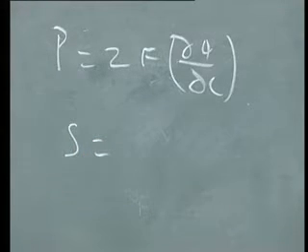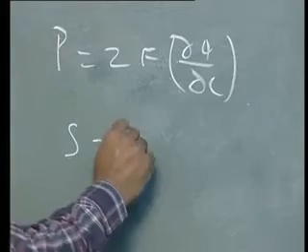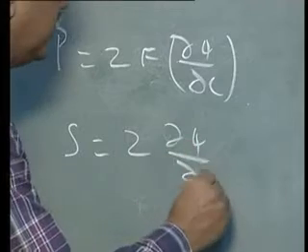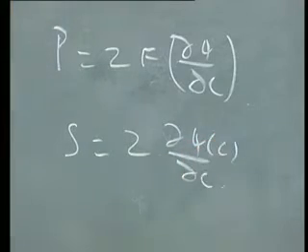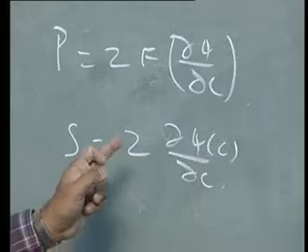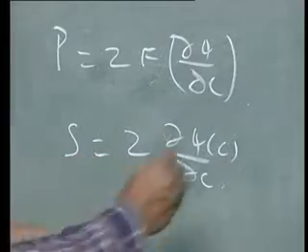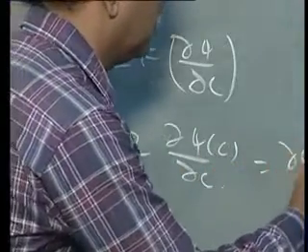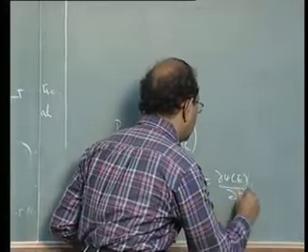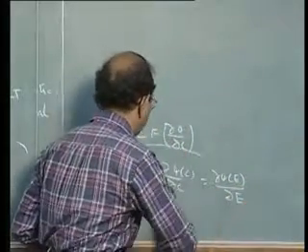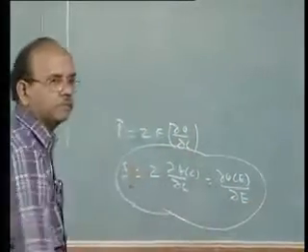Can you just write that down? So you will write this down as 2 times dou psi by dou C, of course. And noting the relationship between E and C, we say that this is equal to, and that's a very, very important relationship.